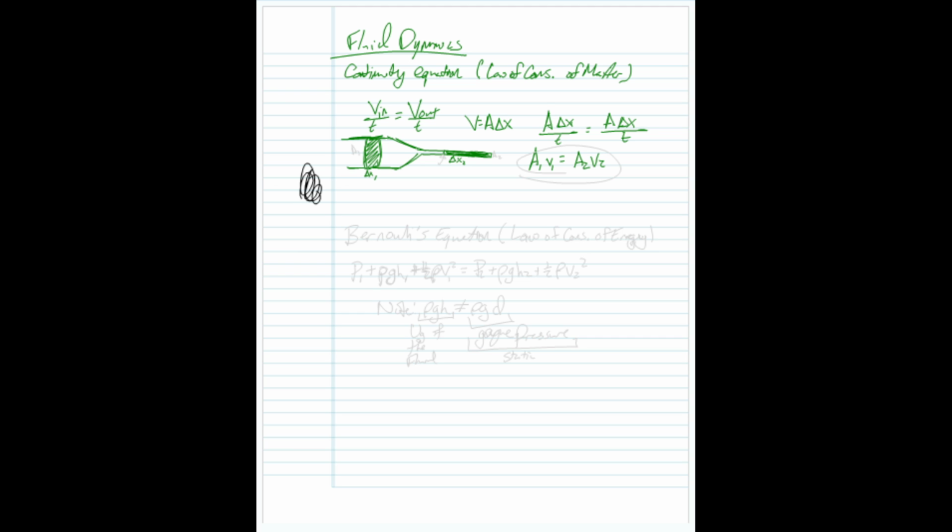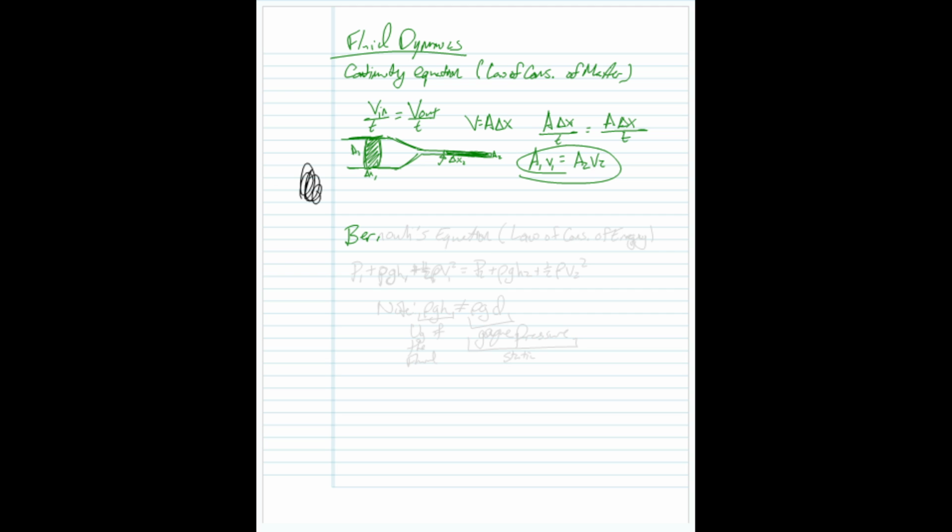But when I multiply those two together, delta x1 and area 1 versus delta x2 and area 2, I should get the same value for velocity. So this right here is our continuity equation, just saying that the fluid that flows in has to equal the fluid that flows out. Typically, this means that as we constrict the pipe, our velocity will increase.